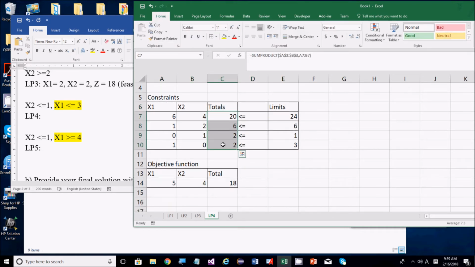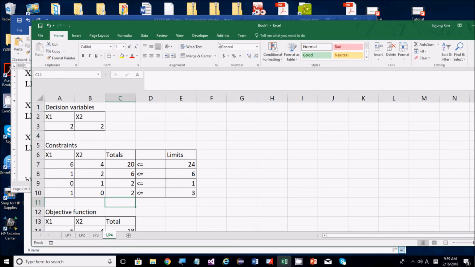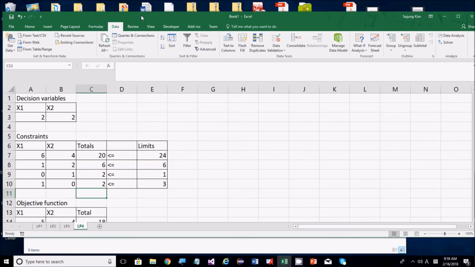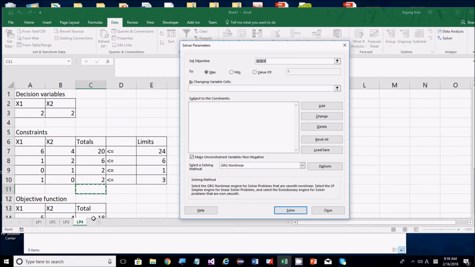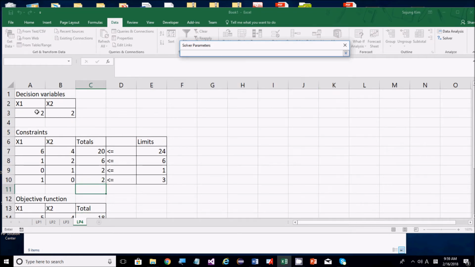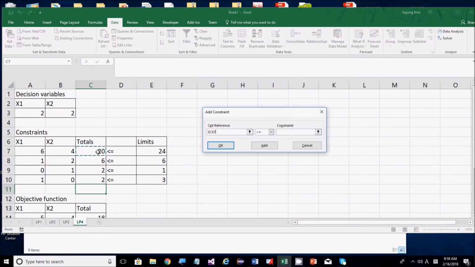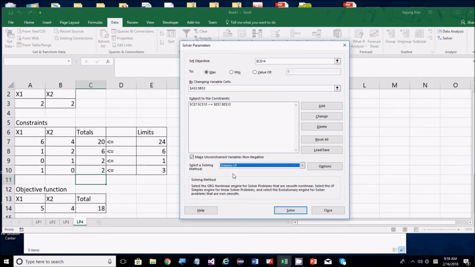So we have 4 different constraints here, and once you have them, you can use the solver. Click solver, maximize the objective function by changing these two variables, and add the constraint saying that the left hand side is always less than or equal to the right hand side. We are going to use simplex, because branch and bound uses simplex.